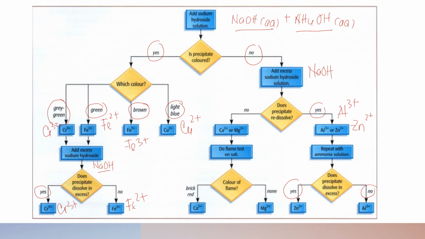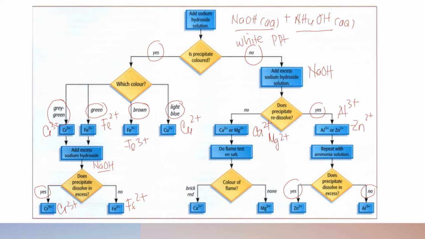If the precipitate is white, not colorless, white precipitate, when we add excess NaOH and the precipitate does not dissolve in excess NaOH, what we have is Ca2+ or Mg2+.